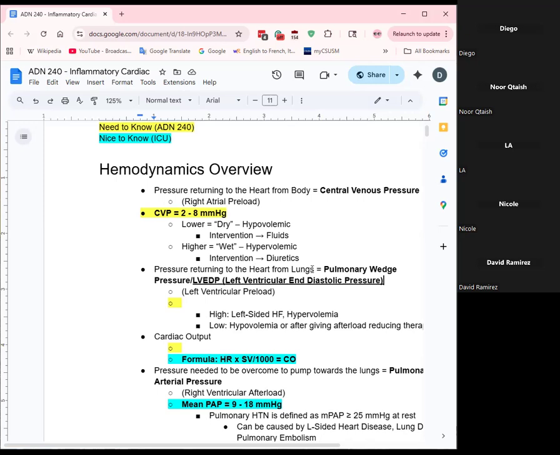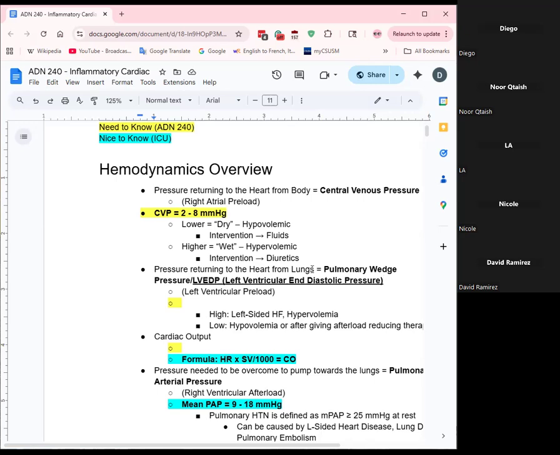So now the CVP again from the body to the heart. The right side of the heart is going to pump the blood to the lungs, and once it gets to the lungs, there's exchange of oxygen with the blood, and then it returns back from the lungs to the left side of the heart.